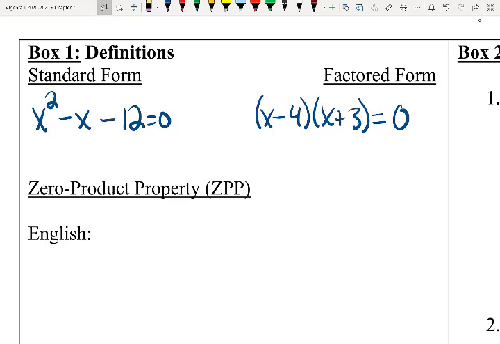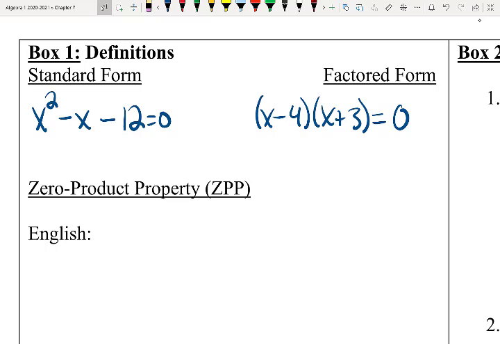For the second half of the chapter, which we're going to pick up after spring break, we're looking at something called factoring. If we're talking about factors of a particular product, like factors of 15, they are 3, 5, 1, and 15. All four of those multiply to get 15.